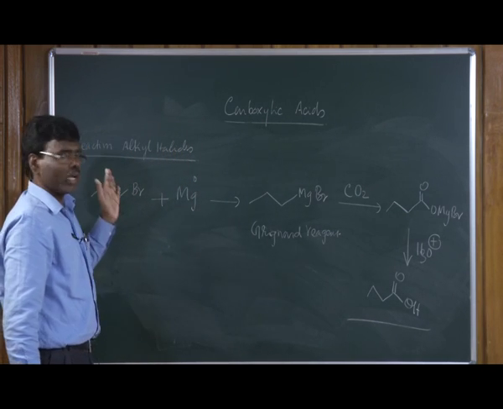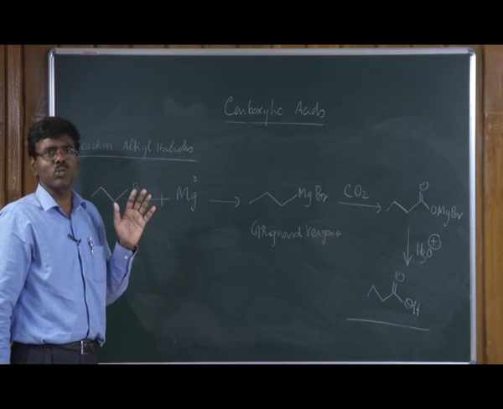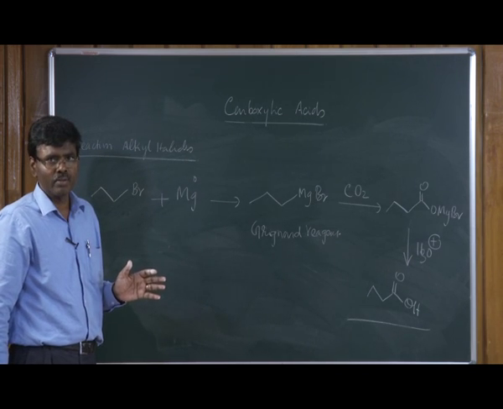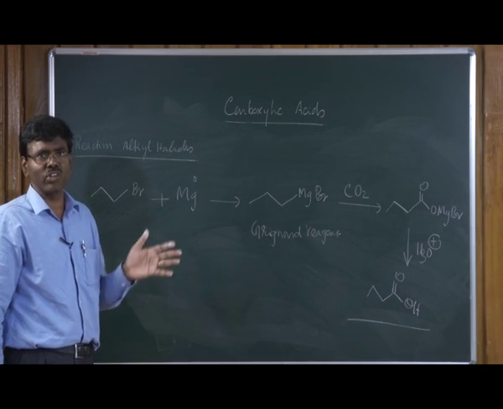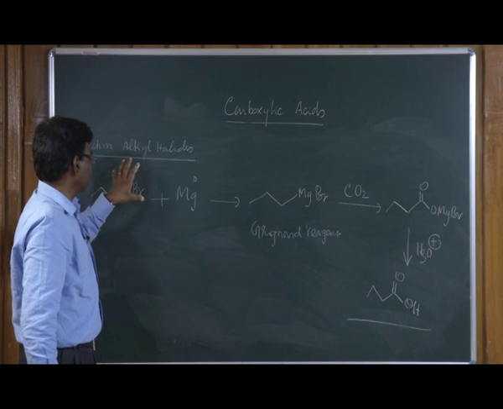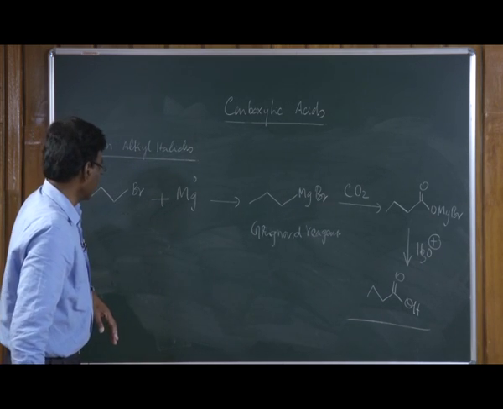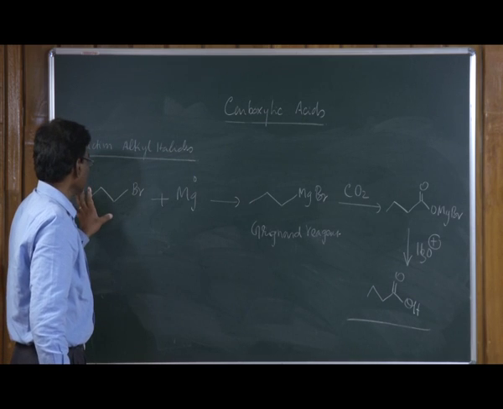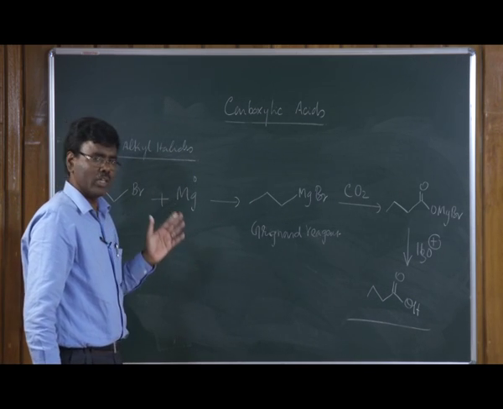So, we have seen 2 examples under oxidation of how you can convert alcohol to carboxylic acid via aldehyde. Then we have seen the oxidation of alkyl benzene to benzoic acid. Then we have seen 2 examples of reactions with alkyl halides, where you can convert to the corresponding nitrile by nucleophilic substitution.